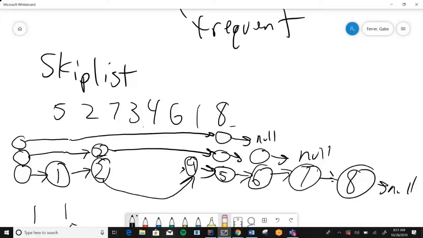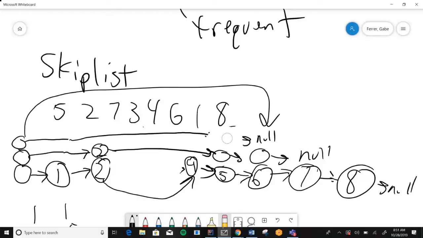So we need to remove the entire node. So that removal process means at every level, we're going to bypass it. So at the top level, we are now null. So that effectively eliminates it there. At the next level, we are now pointing at the 6 node. And at the bottom level, we again do the same.